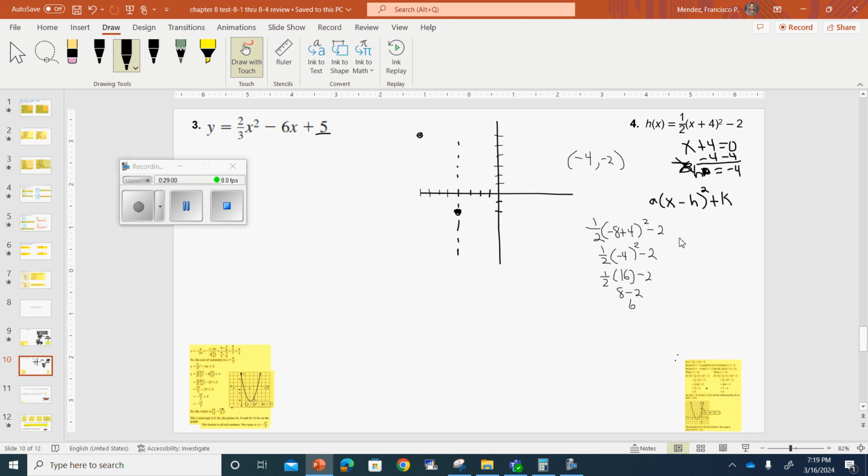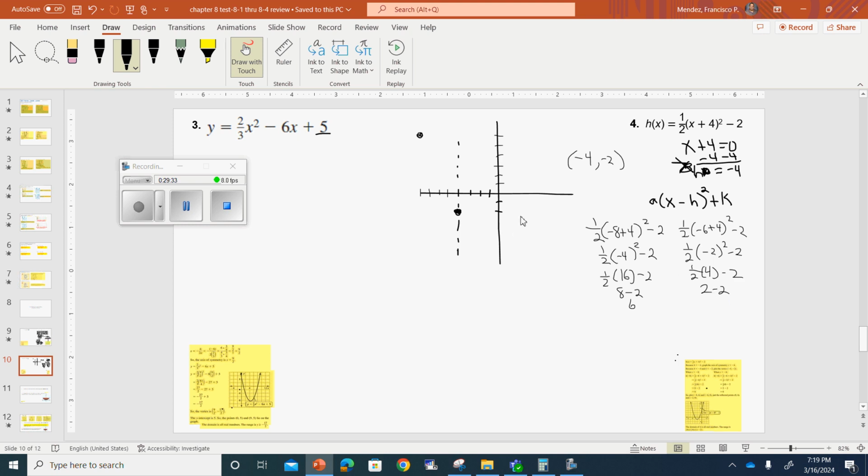And now let's go with -6 instead. So now we're going to put 1/2 times (-6 plus 4) squared minus 2. That's going to put us at 1/2 times (-2) squared minus 2. -2 squared is 4. 1/2 of 4 is 2. And 2 minus 2 is 0.